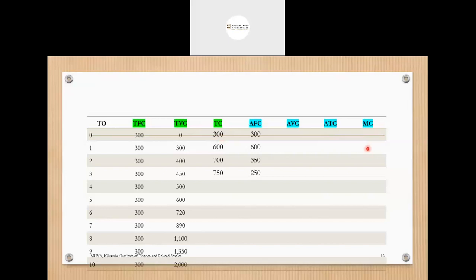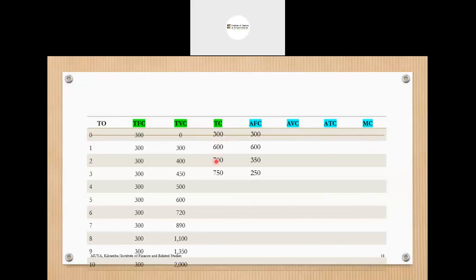Marginal cost is change in total cost, which is 600 minus 300, over change in output, which is 1 minus 0. Therefore 600 minus 300 is 300, divided by 1 minus 0, that is 1. So this would be 300.